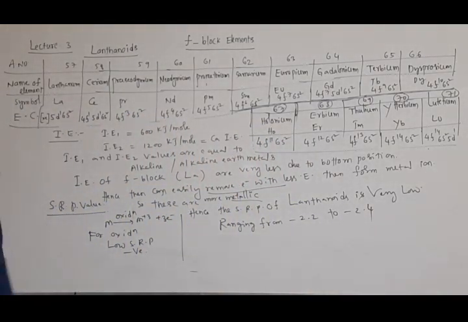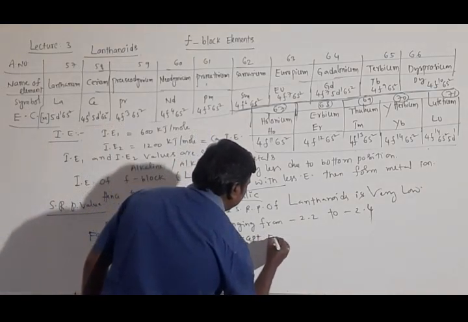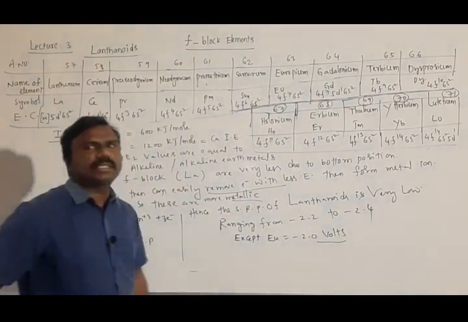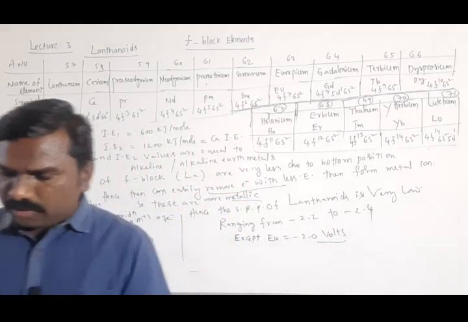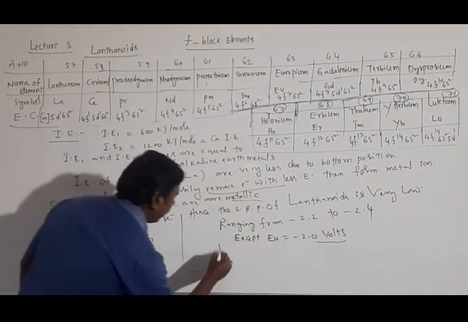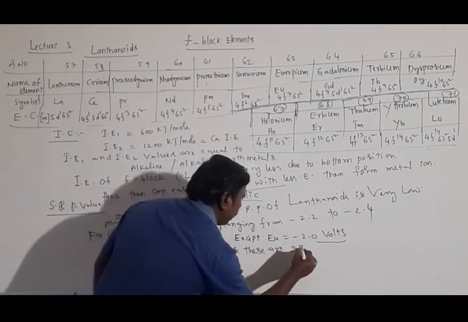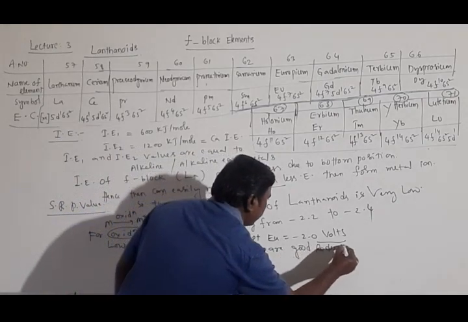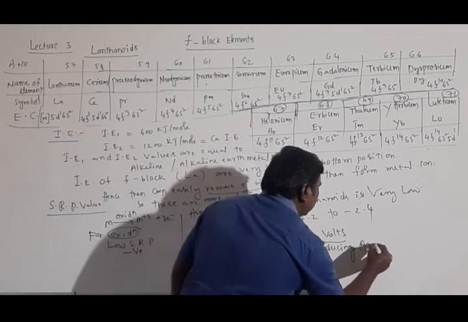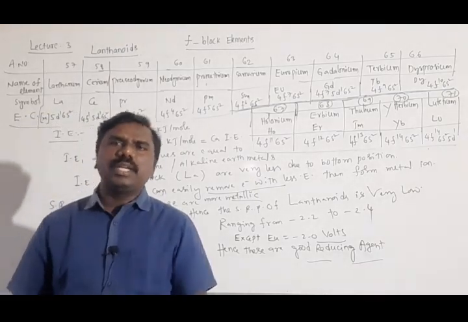Exceptionally, for europium, Eu, minus 2.0 volts. They can undergo oxidation. Hence, these are good reducing agents. It means they themselves are involved in oxidation, acting as a reducing agent.